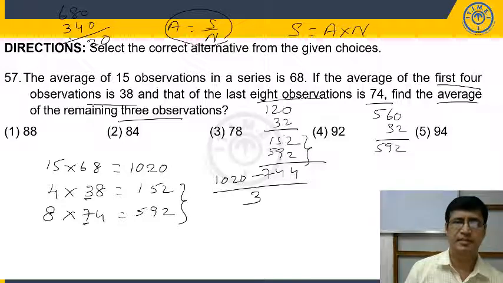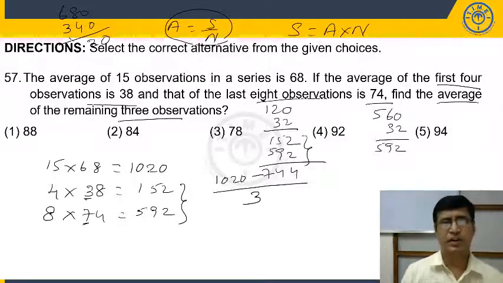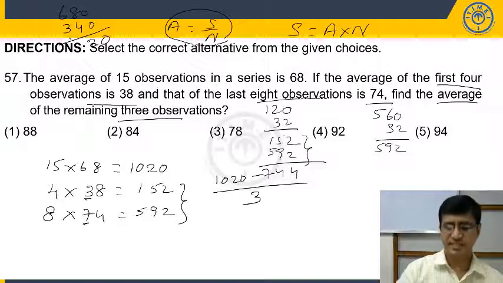Am I right? Yes or no? 44 is how much less than 800? 56. 800 means 200 less than 1000. So 256. 256 plus 20 is 276. 276 by 3.